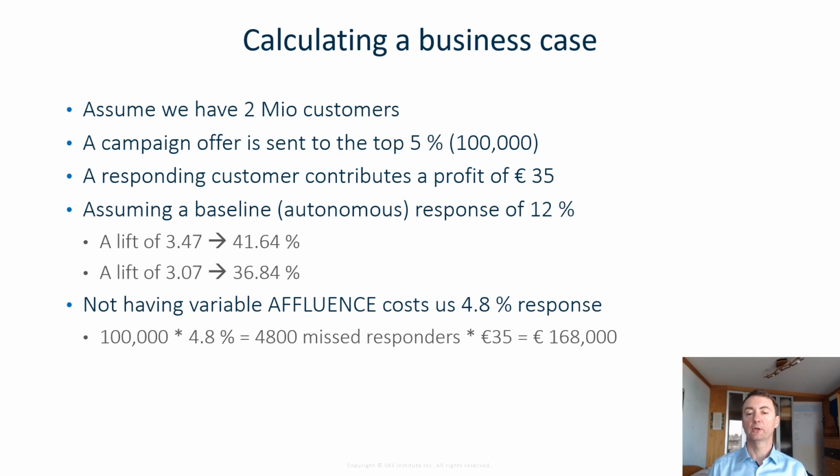For each responder we have 35 euros on average, so not having the affluence variable costs us approximately 168,000 euros per campaign. This is a very simple calculation and analysis which we can run in order to quantify on average what it means in terms of effect if certain variables are not in place.